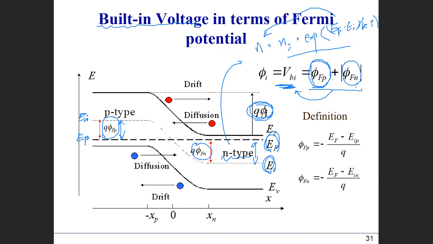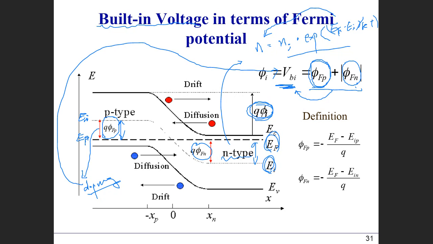In this equation, we can also understand, as I mentioned, that the difference, for example this one, is related to the doping. Okay. So if you have higher doping, then this one is going to be larger. In other words, that affects your VBI.